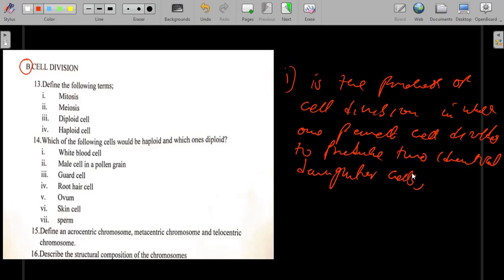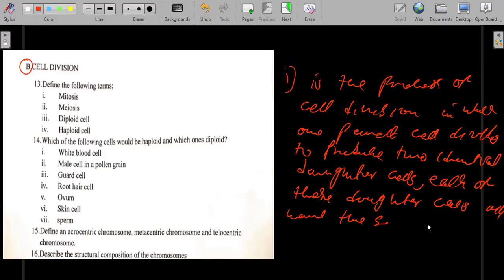Then we are saying each of these daughter cells will have the same number of chromosomes as the parent cell.